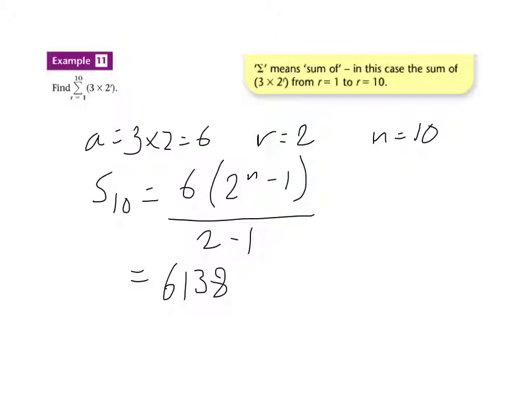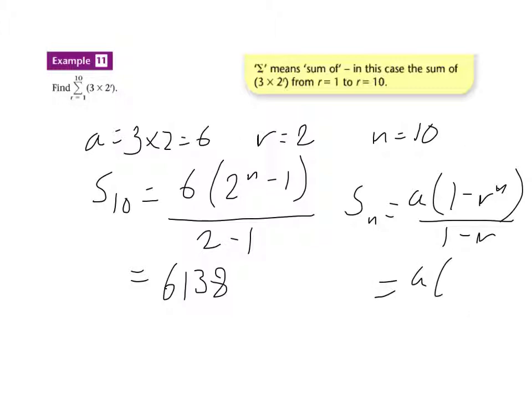So it's a nice simple question. Don't get fooled by the sigma notation. It's well worth practicing using that. So please remember, as you go on to do the examples, that there are 2 versions of the equation. The first one with 1 minus r, and the second one where they're both switched over, so we get r to the n minus 1 over r minus 1. Examples when you use the second version are when you have a value of r greater than 1.